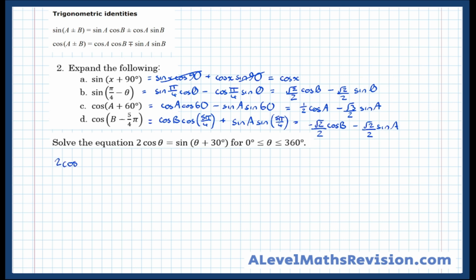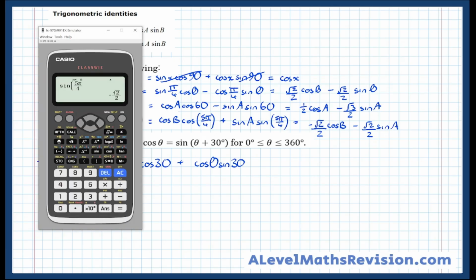2 cos theta equals, and let's not forget the implication sign at the start, which I'm guilty a lot of forgetting. So let's expand that. So we've got sine theta cos 30 plus cos theta sine 30. Right, so cos of 30, let's put in the calculator.